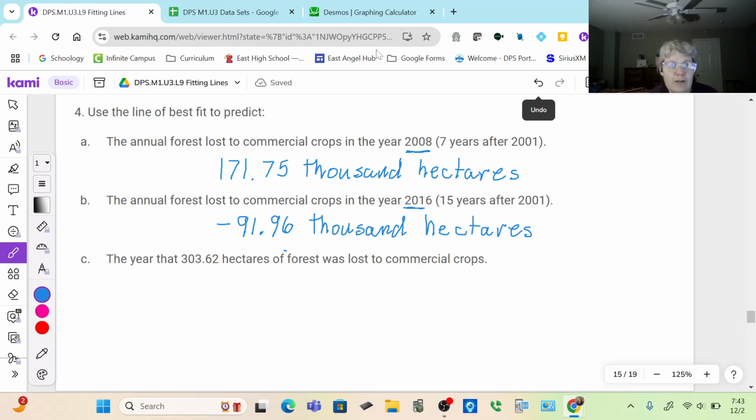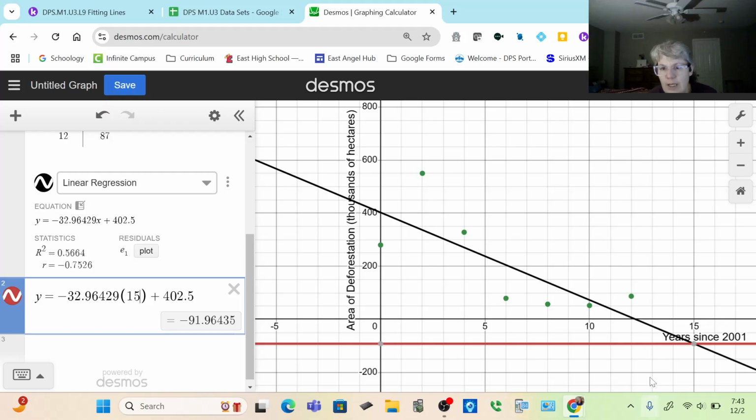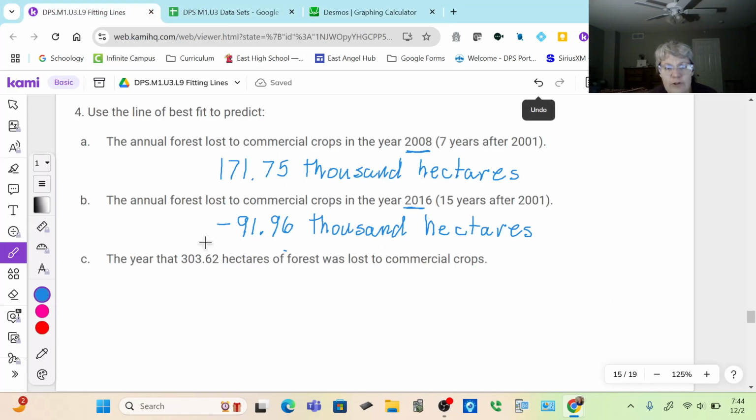So, if we take a look at our graph, after 2006, when a moratorium on soy production was put into place, or the land that could be cleared for soy production went into place, we see that deforestation pretty much leveled off. So it's probably fair to say that if that trend continued, we wouldn't be down here, and our line of fit would also be changed. So another reason to say why this value isn't a reasonable value.